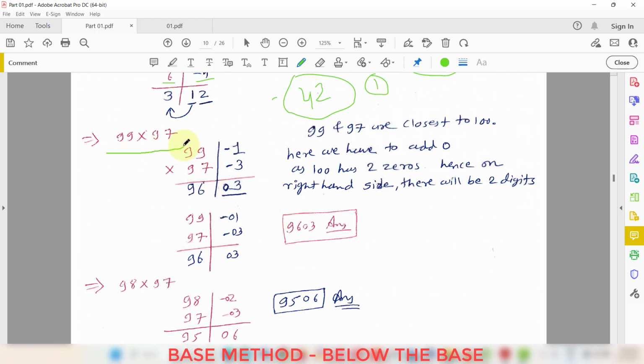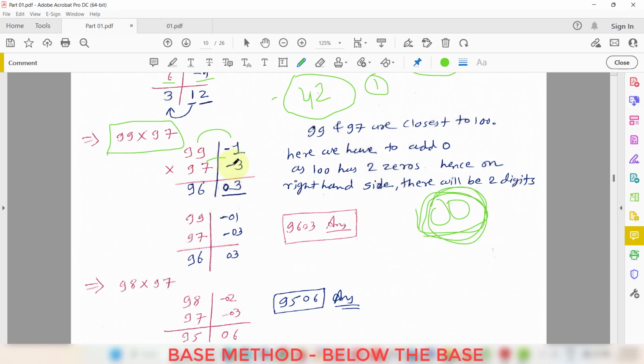Now we will do one more example. 99 multiplied by 97. Here we are taking the base as 100. So 100 has 2 zeros, so each and every number should have 2 digits. Okay. So 99 is below 100 by how much? Minus 1. Okay. And 97 is below 100 by how much? Minus 3.